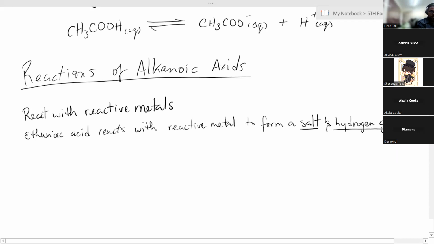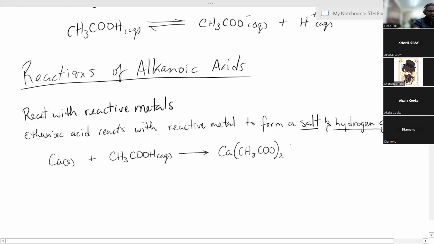So for example, we have calcium, which is a reactive metal, in its solid form. I take solid calcium and I drop it in some ethanoic acid, CH3COOH aqueous. And what is going to form is calcium CH3COO in brackets and a 2.